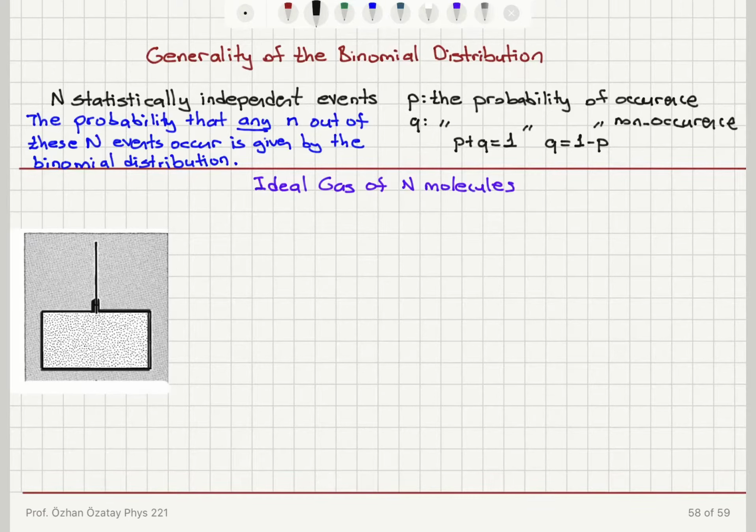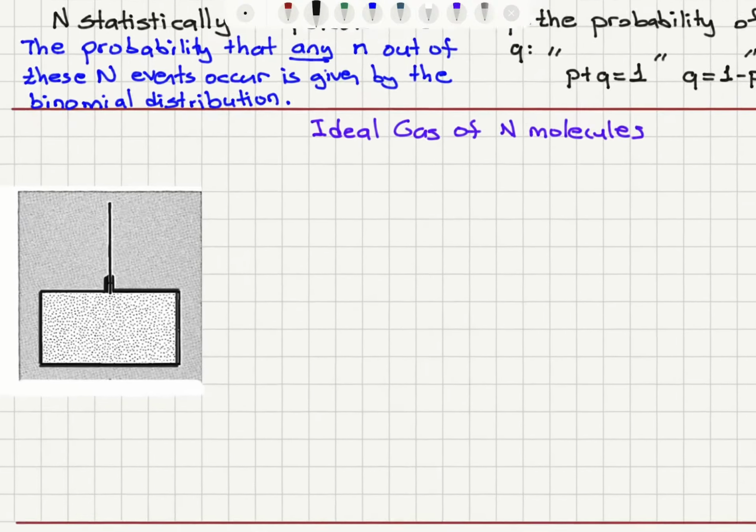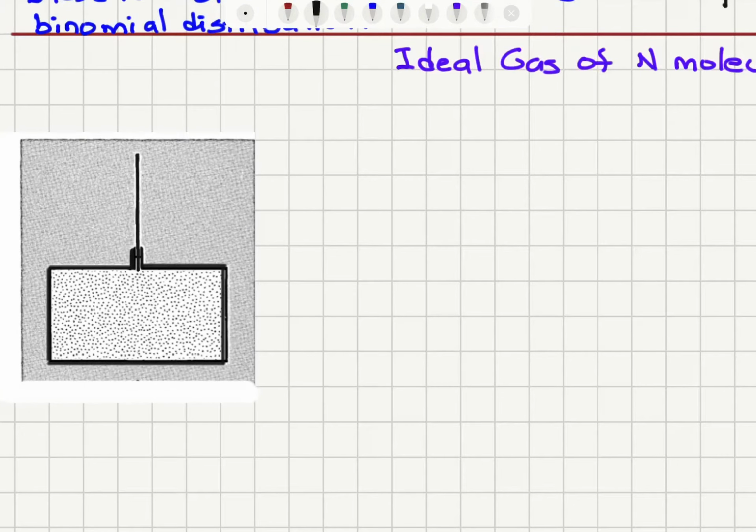If we have an ideal gas of capital N molecules that is trapped inside a container, and let's say that the total volume of this container is V0, I'm looking at two sub-volumes here.